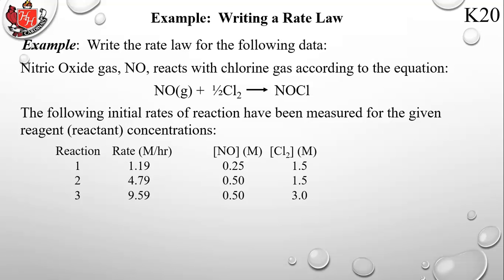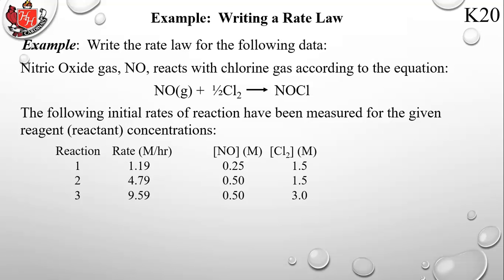And you found that the reaction at a specific moment in time when those concentrations were present, the rate was 1.19 molar per hour. In other words, the concentrations of the reactants are decreasing by 1.19 molar, that's moles per liter, for every hour that goes by. That's the speed of the reaction.